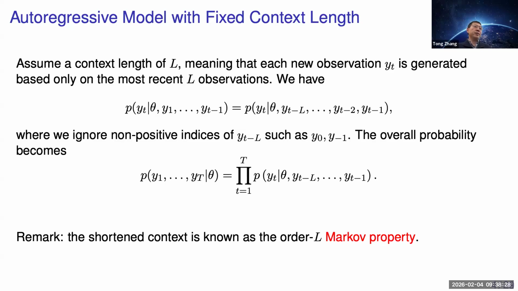Typically, this is called the order L Markov property. In the traditional sequence modeling, L usually is small, cannot be too large. Nowadays, of course, in the large language models, this context length can be very large. We typically have at least thousands or 10,000 or 100,000, or even millions nowadays are possible. These were not possible traditionally.